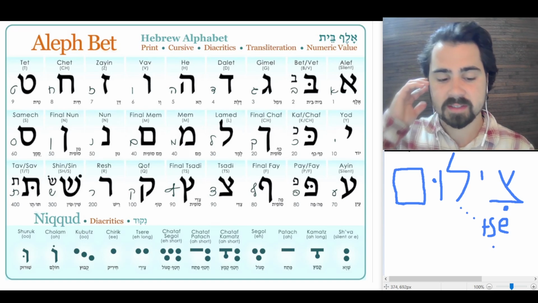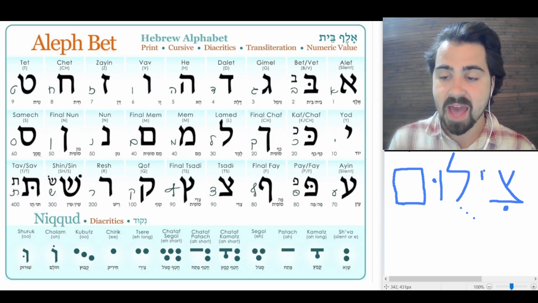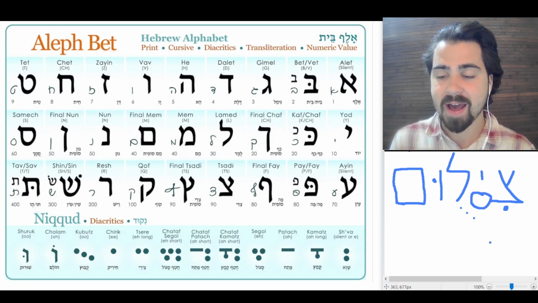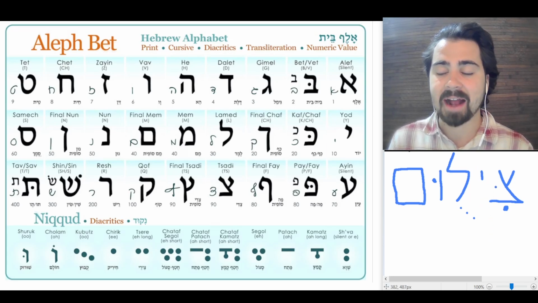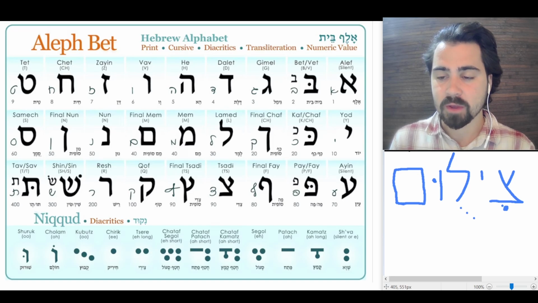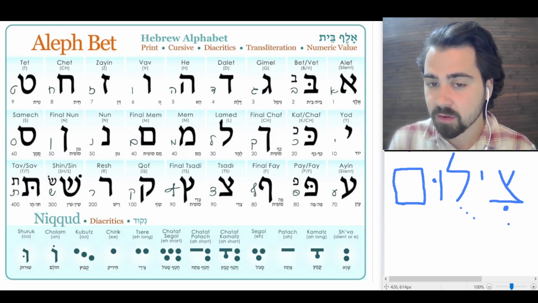Tzi, perfect. After which we have the letter Yud with no vowel, no nikud. So the Yud acts as a vowel. If we didn't have this nikud here, we would read it tzi. We would use this Yud as the vowel for this tzaddik. Since we have this chirik, what do we do differently?